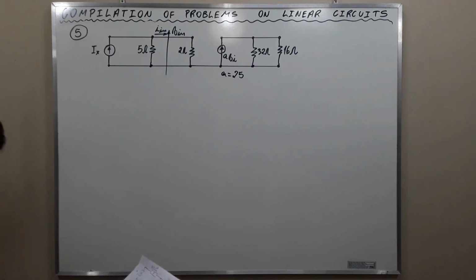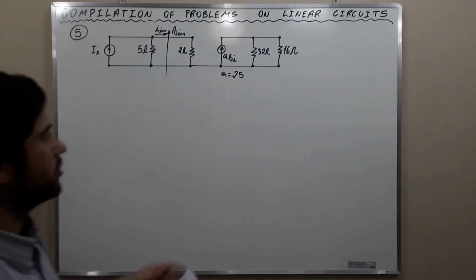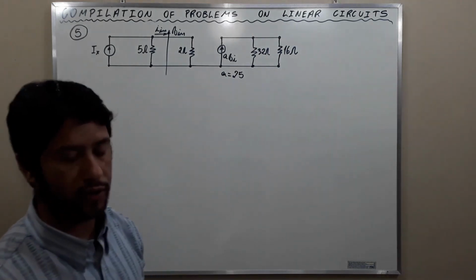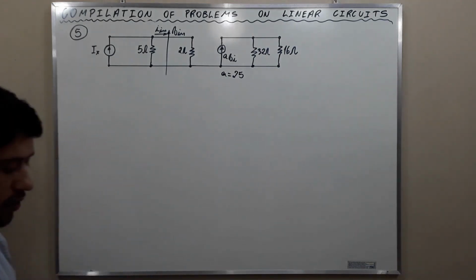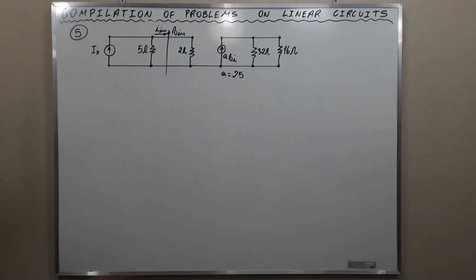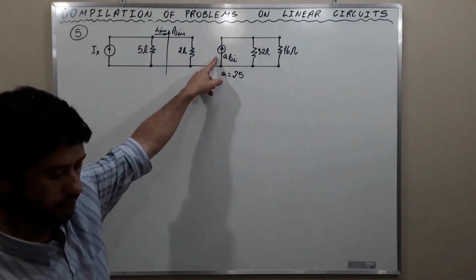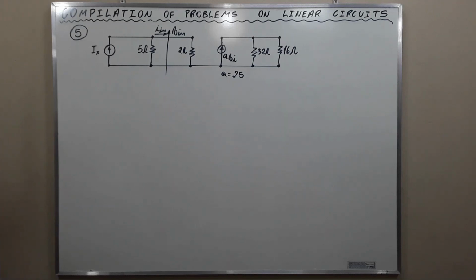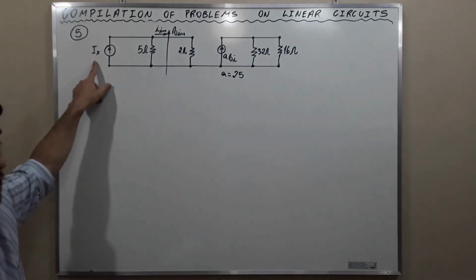What is the name of the type of controlled source shown? Given that the power delivered to the 16 ohm resistance is 16 watts, determine the current flowing in the controlled source. Also determine the value of the microphone current Ix.